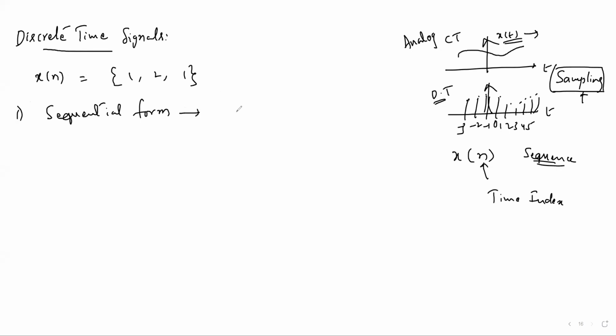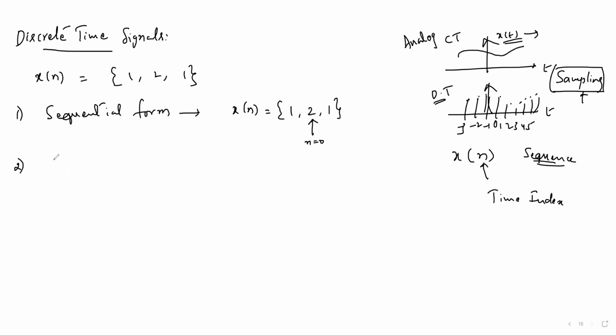It is represented in the form of a sequence of elements like this, and it needs an arrow mark to show where the origin is. For this signal, this represents the origin. Where the arrow mark is, it indicates n value 0. In sequential form, it is mandatory to show the arrow mark.